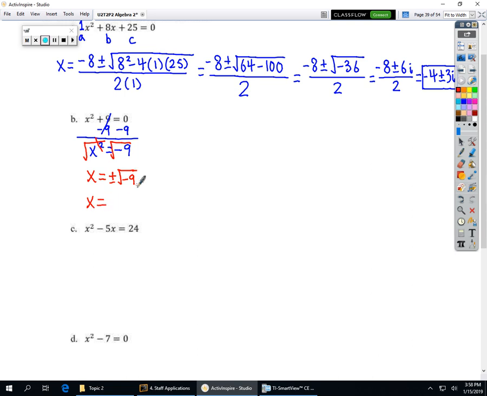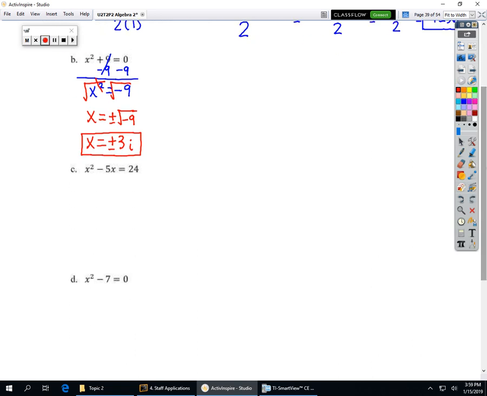Also, the square root of 9 is 3. So this becomes plus or minus 3i. So again, this is because of two reasons. That negative means there's an i. The square root of 9 is a 3, so you combine two steps to get 3i.